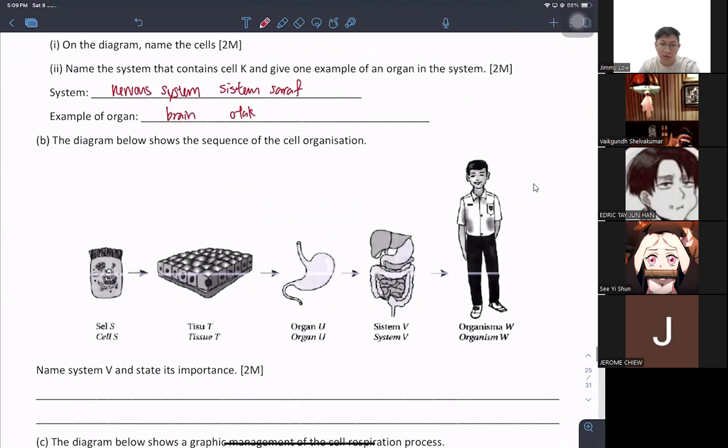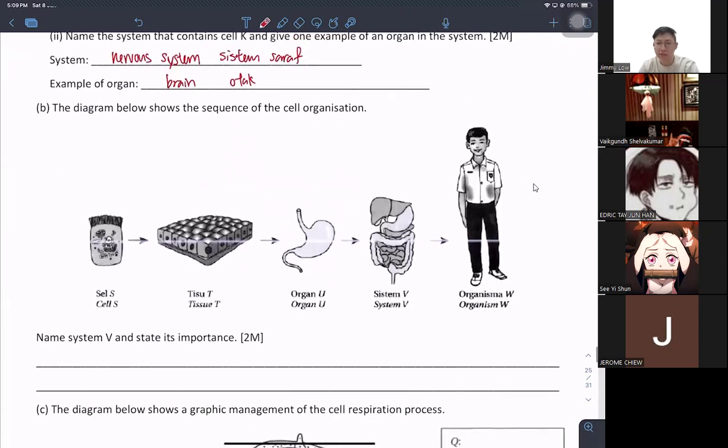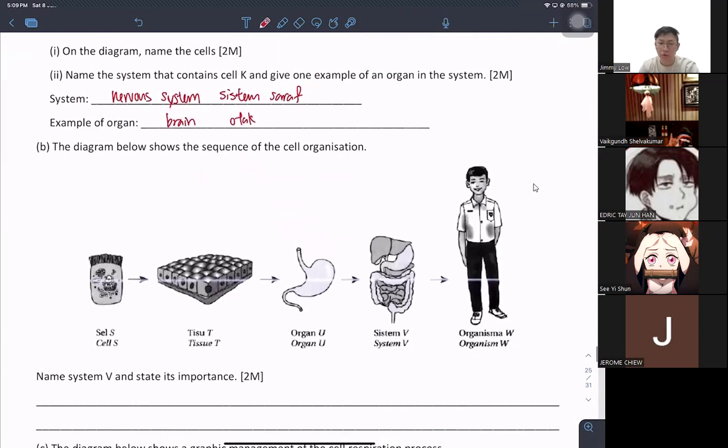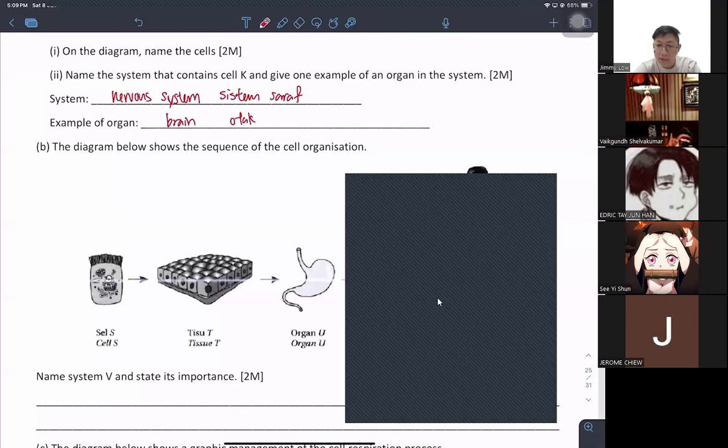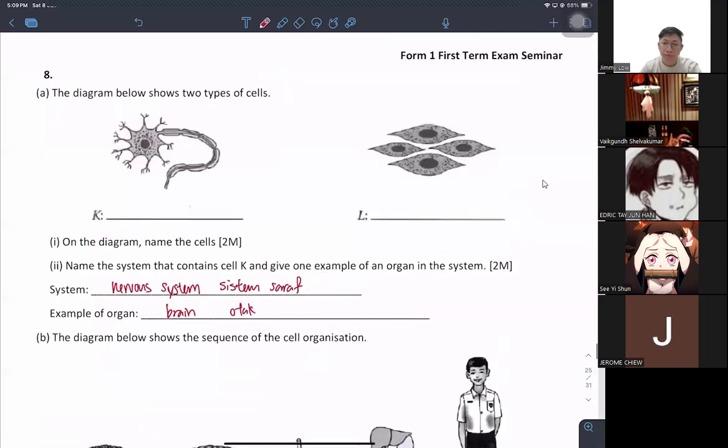Okay, as I said, we don't simply memorize. You have to know from which part to which part: from cell to tissue, from tissue to organ, to system, to organism. What is the function of the system, what is its importance, and what is the system name? Is it muscle cell or muscle tissue?